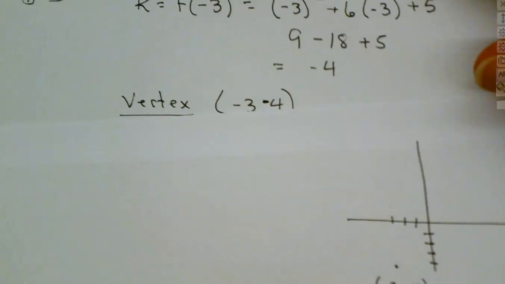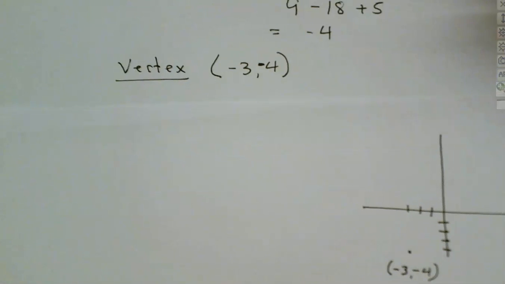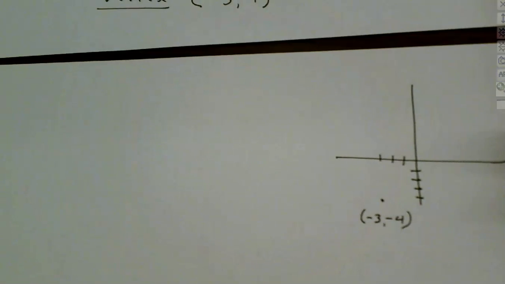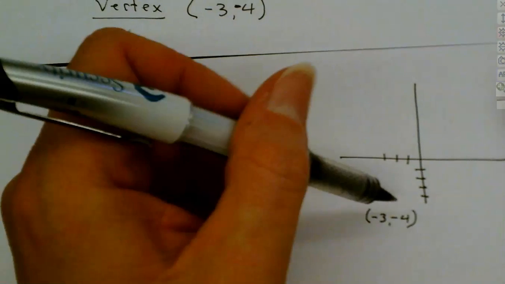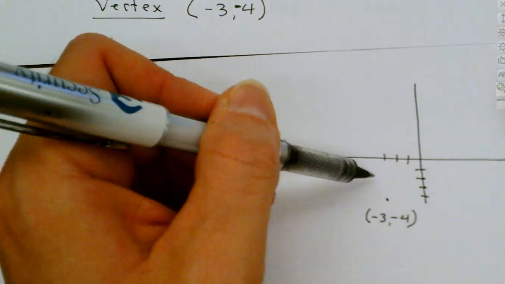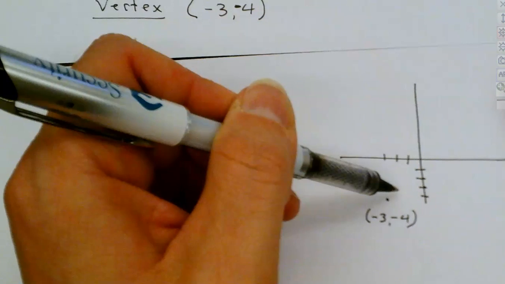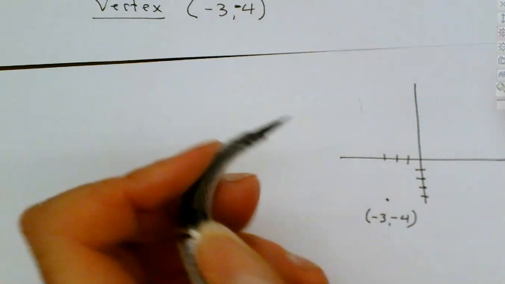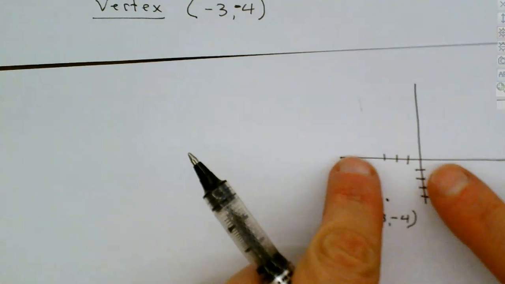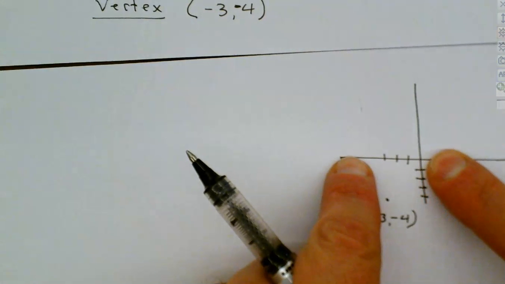Now, when I go to plot this, what do we know? Let's look at the picture and see if we have any intercepts at all on the x-axis. If I were to draw my picture, what's it going to look like? It's going to be a U, okay, and this is your x-axis. So it's going to touch the x-axis somewhere, isn't it?